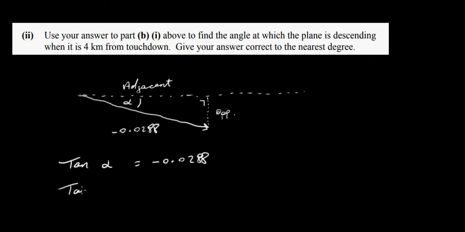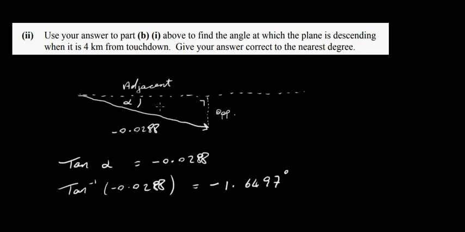So if we just get the tan inverse of minus 0.0288 and type that into your calculator, you get an angle of minus 1.6497. Sorry about this delay.